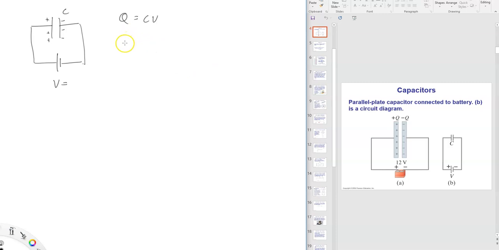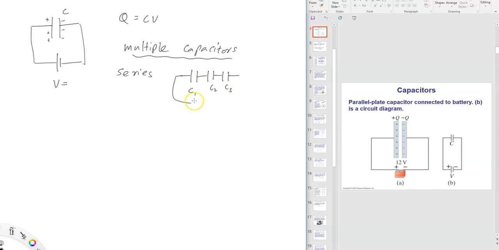One way is adding capacitors in series. Series combination, we talked about this some time ago. Series means one behind the other. You have one capacitor, which we can label C1, the first capacitor, and then you connect a second capacitor C2 and a third capacitor C3, and then we can connect to a battery.